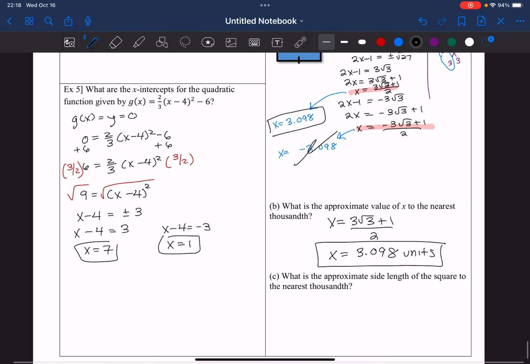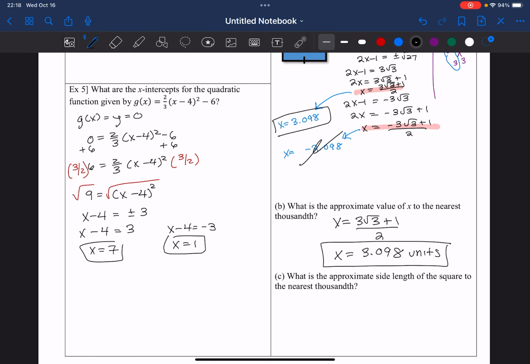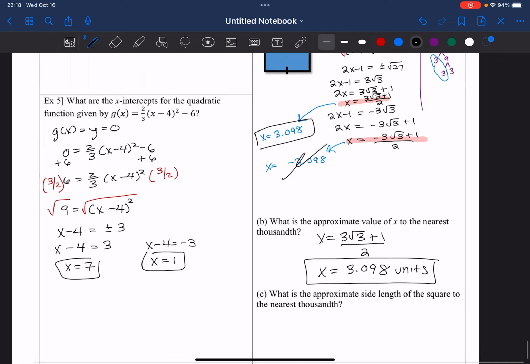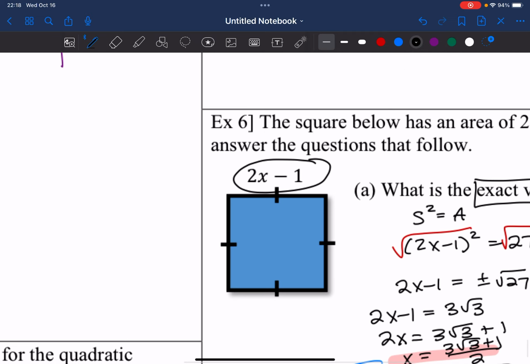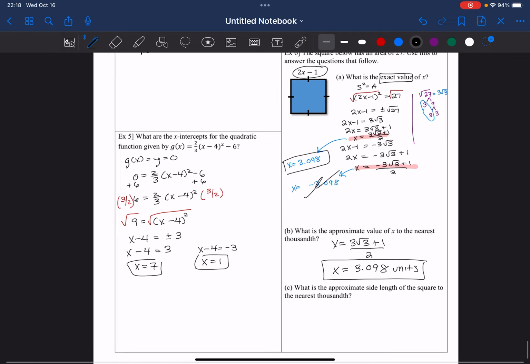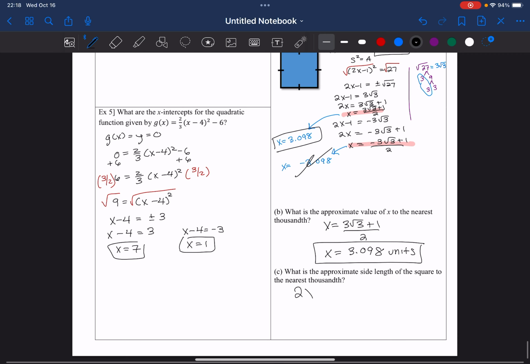Part C says, what is the approximate side length of the square to the nearest thousandth? So remember, our side length of our square was 2x minus 1. So I have 2x minus 1, but instead of x, I'm going to put that 3.098.